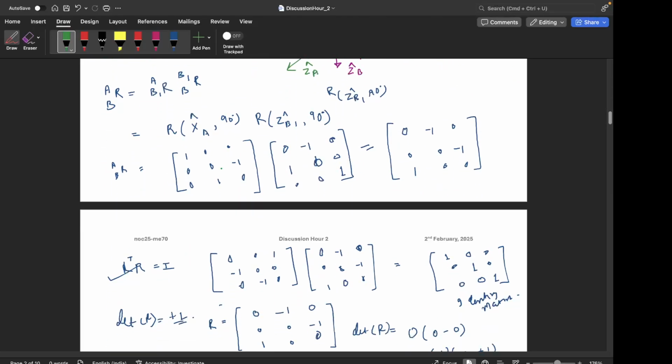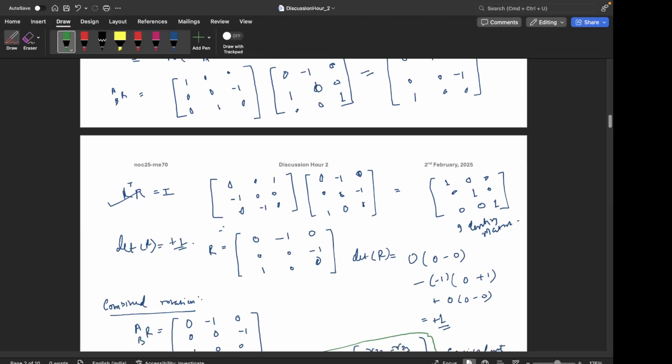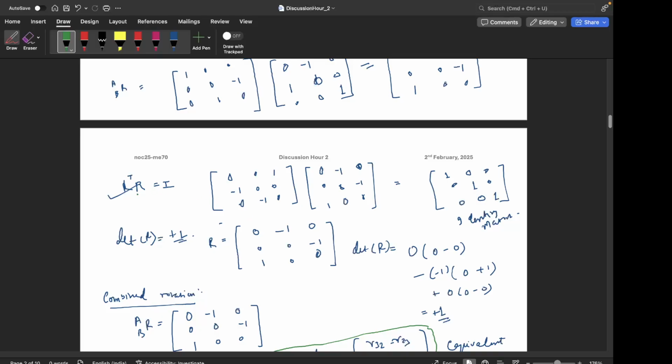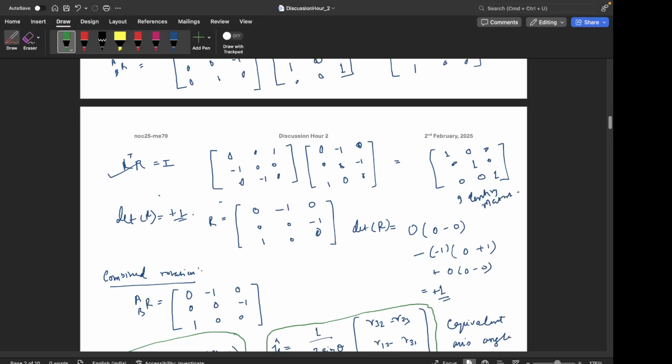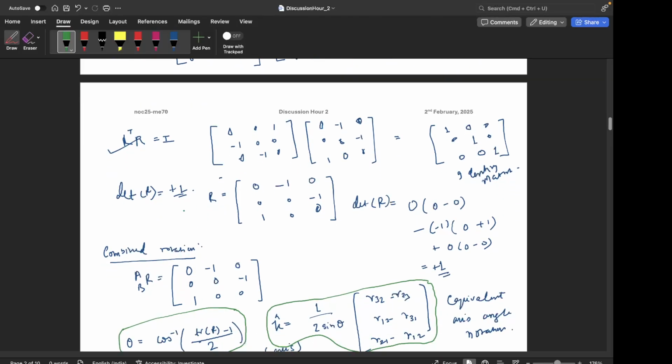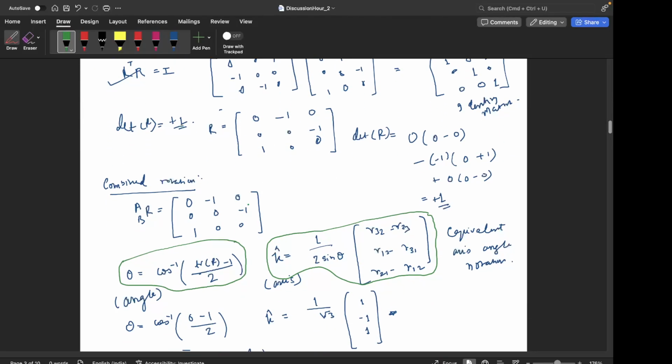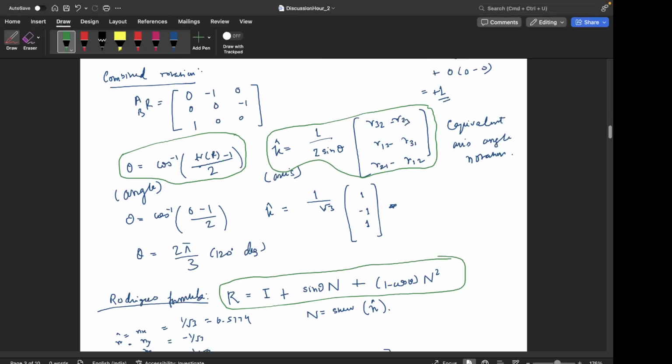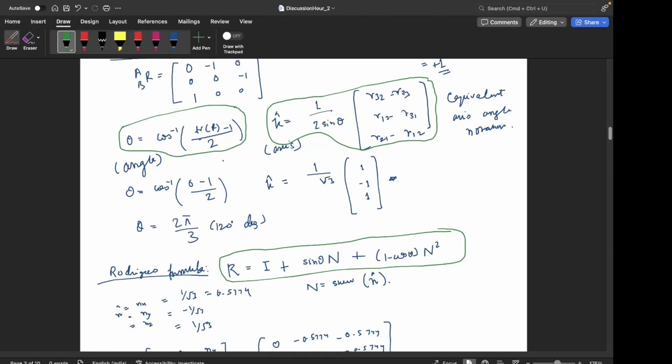Then we derived the composite rotation matrix and we verified a few properties, that indeed the rotation matrix is an orthonormal matrix and the determinant is +1. And finally, we used a very useful tool of finding the equivalent axis and angle.